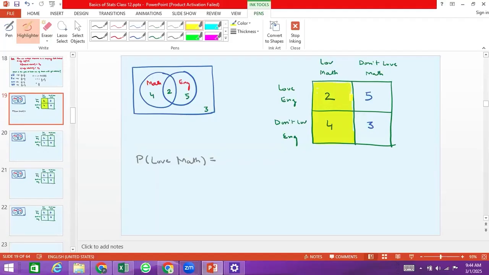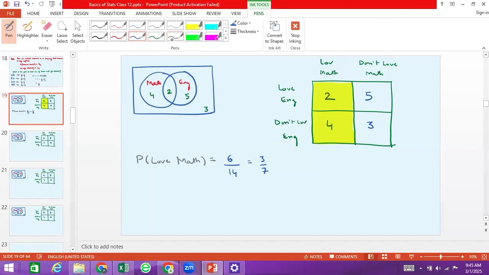Although 2 of them love English as well, the total number of students who love math is 6. So 6 divided by the total number of students. How many students are there? 14. So 6 by 14, that is 3 by 7.